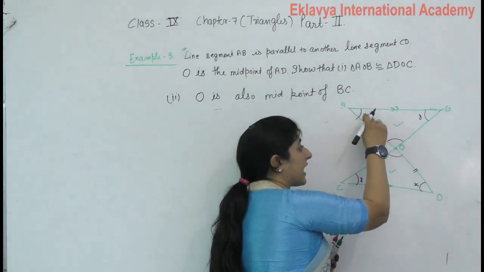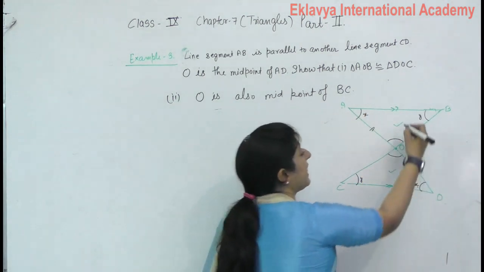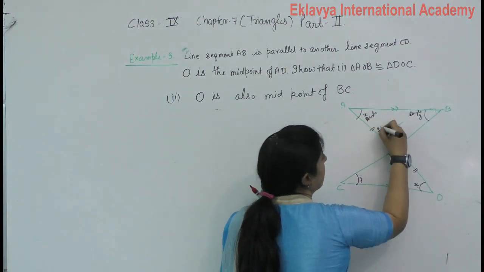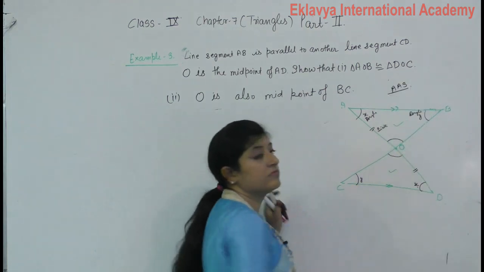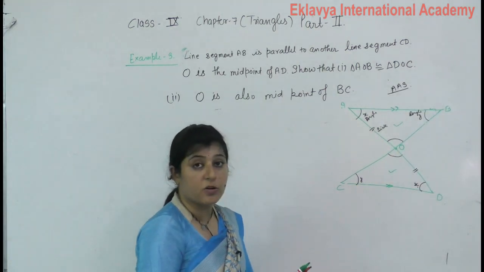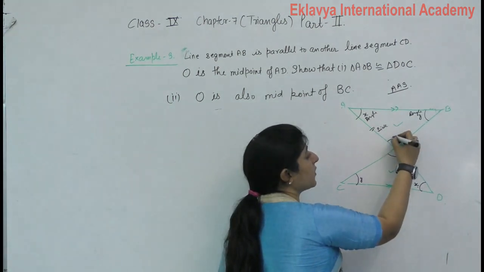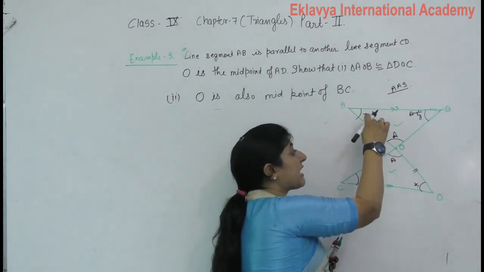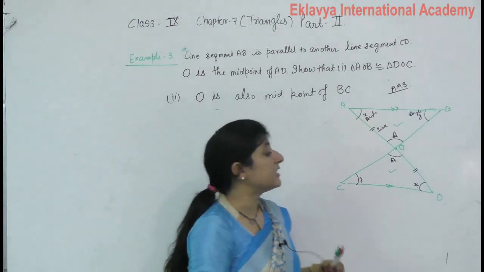Then these two angles and this one side is given to you, it means we can apply the AAS rule. We can say these two triangles are congruent. Or if you want to take this one angle, then angle side angle also you can apply easily in this figure.